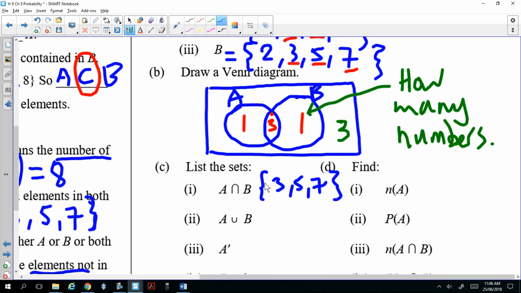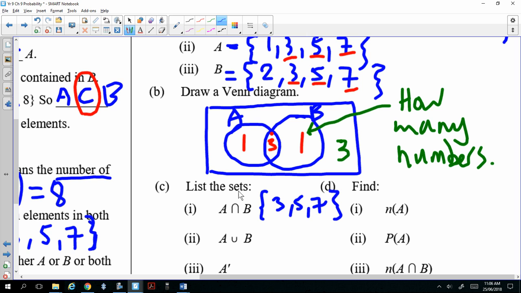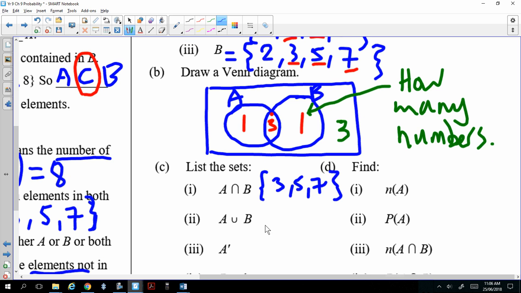List the set for A or B, elements in A or elements in B. So what are the elements? It could be 1, 2, 3, 5, 7.